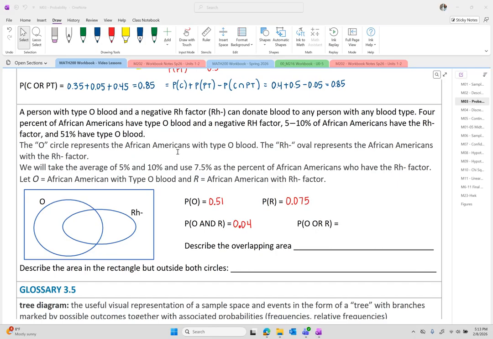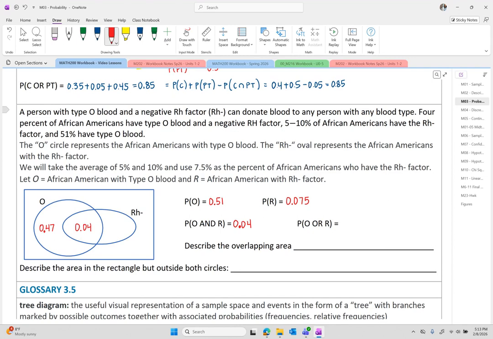So we can actually complete the whole Venn diagram and be able to answer any kind of question that somebody could potentially ask us. So if the center, we always start from the center, if the center, which is the intersection between O and Rh negative, is 4%, and the O bubble is 51%, then O without Rh negative will be the difference, 0.51 minus 0.04, that will be 47%.